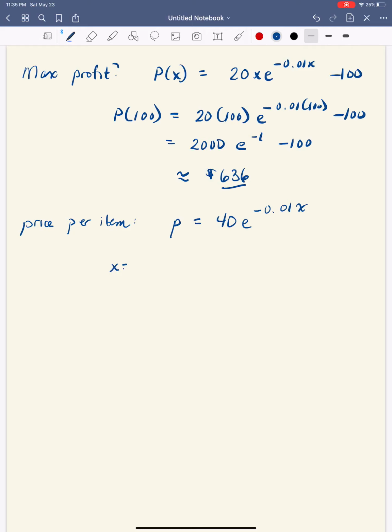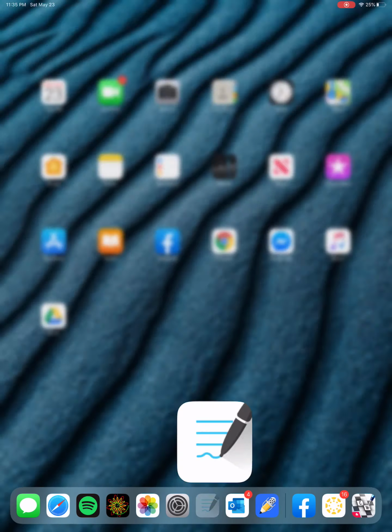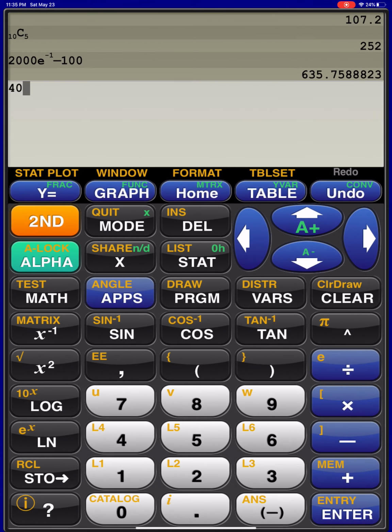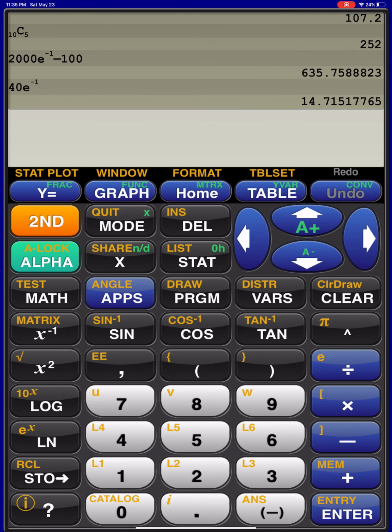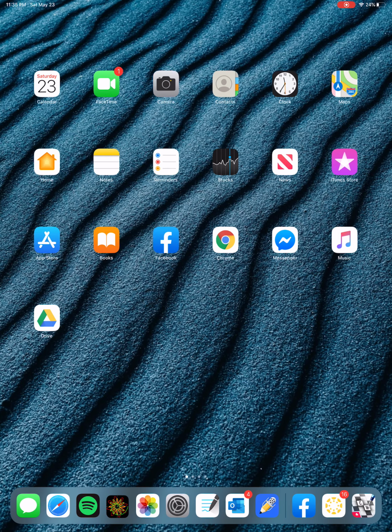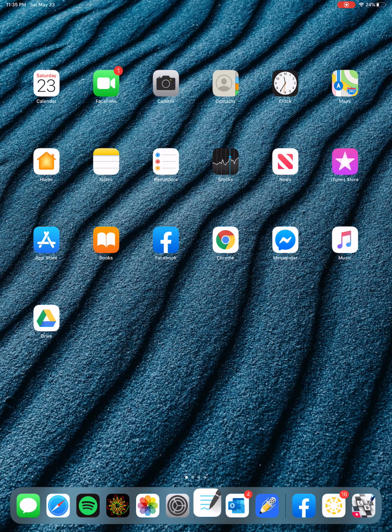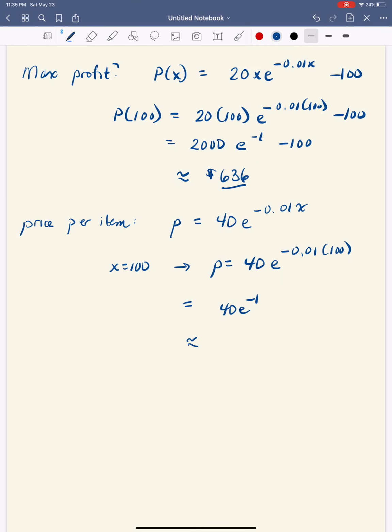So at x equals 100, the price is 40e to the negative 0.01 times 100, which is 40e to the negative first. And again, go into my calculator. 40e to the negative first is $14.72. So whatever we're selling here, that is going to be the price of the item when profit is maximum.